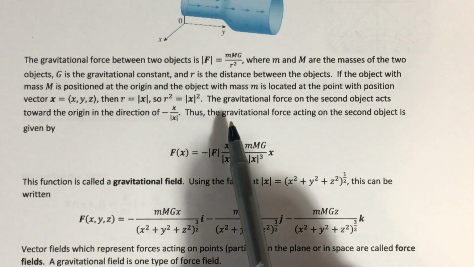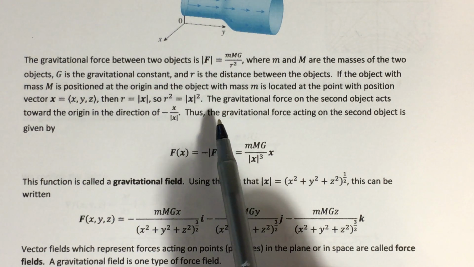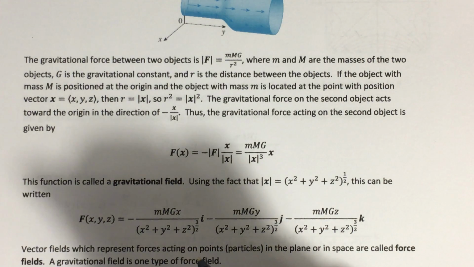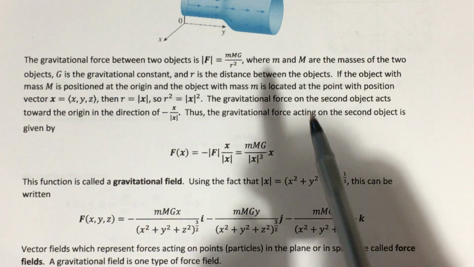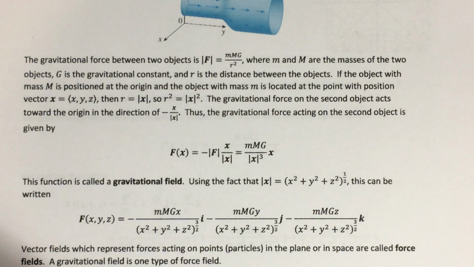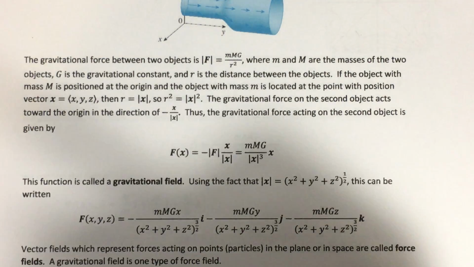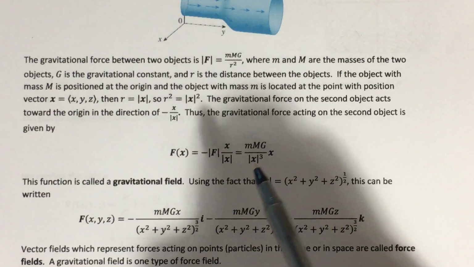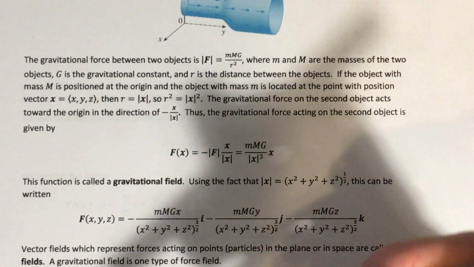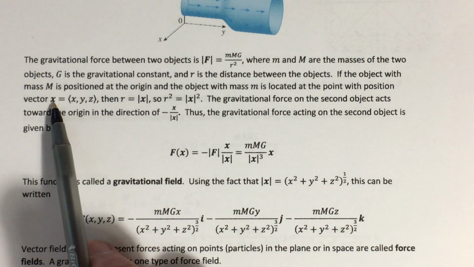Now, if the larger object was placed at the origin, then the smaller object is going to be pulled toward the larger object due to that gravitational force. Because the gravitational force is acting toward the origin, that's opposite the direction of x.